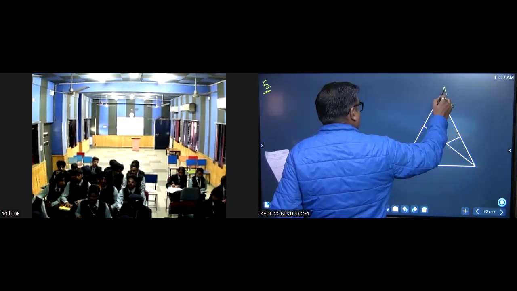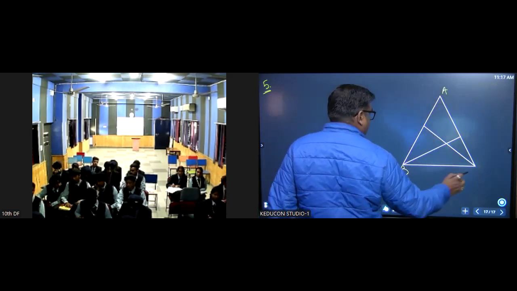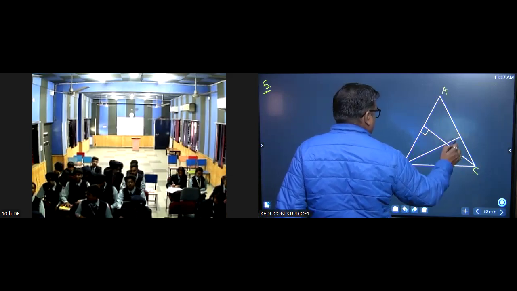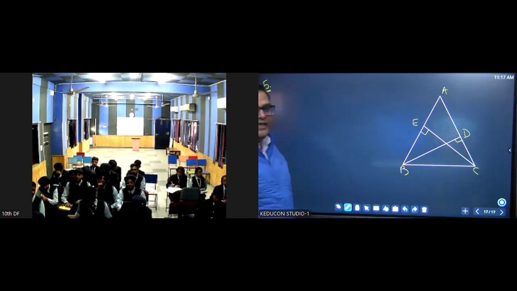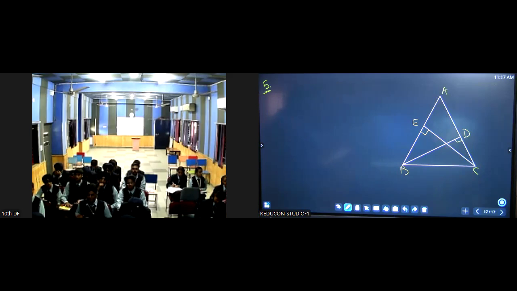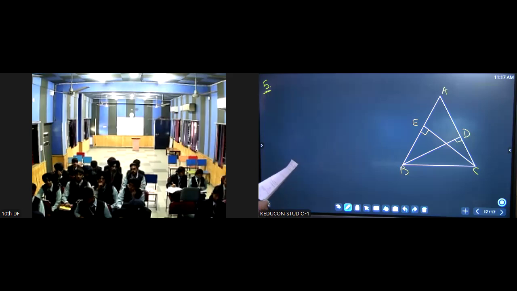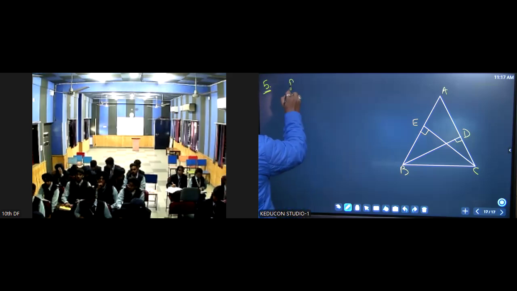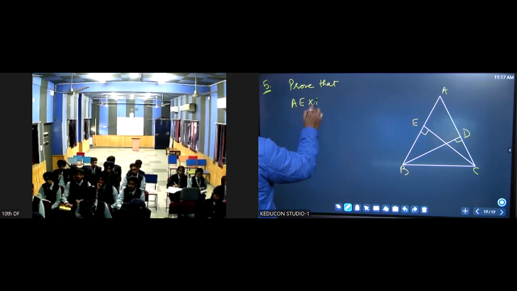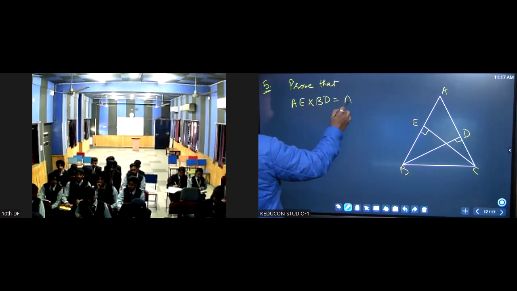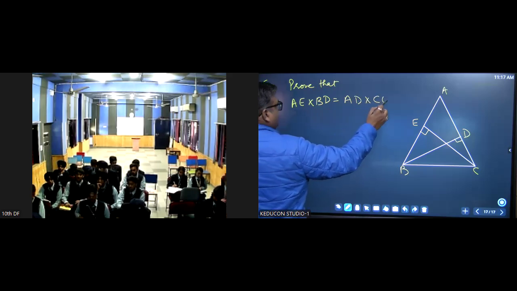Look at the next question. This is a triangle ABC. E and D are perpendiculars drawn from C to AB and from B to AC, right? We have to prove that AE into BD is equal to AD into CE.